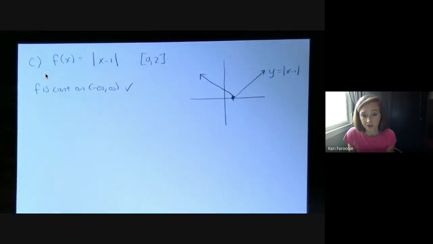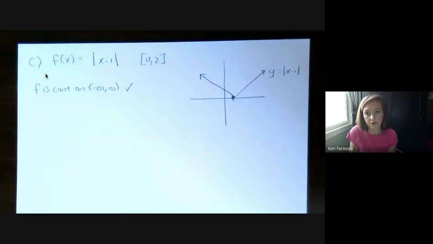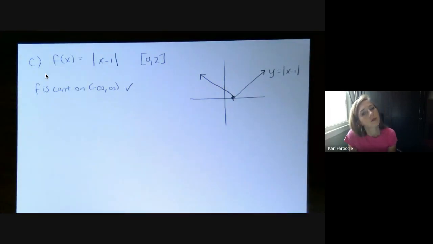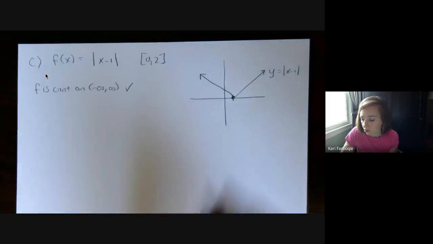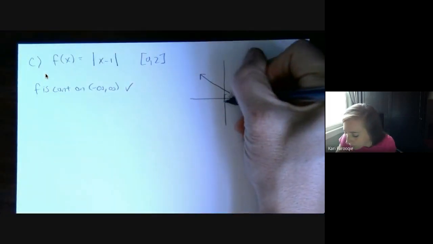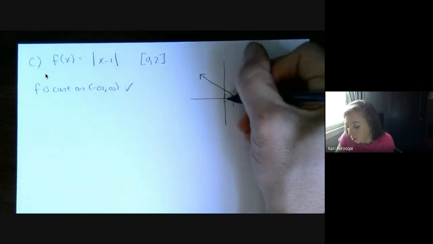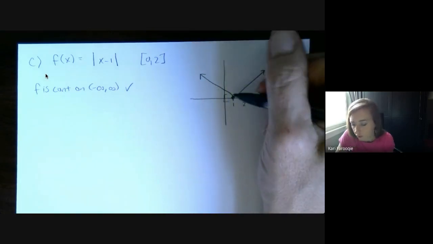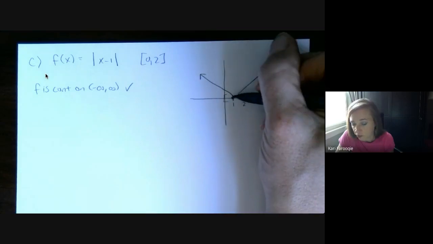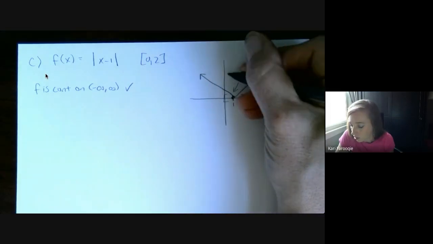If it's continuous on its entire domain, then it's continuous on the closed interval from 0 to 2. Note, however, that when we start to talk about differentiability, if this is 1, well, 2 is over here. We're on this interval from 0 to 2, and you have a sharp point on your graph at 1.